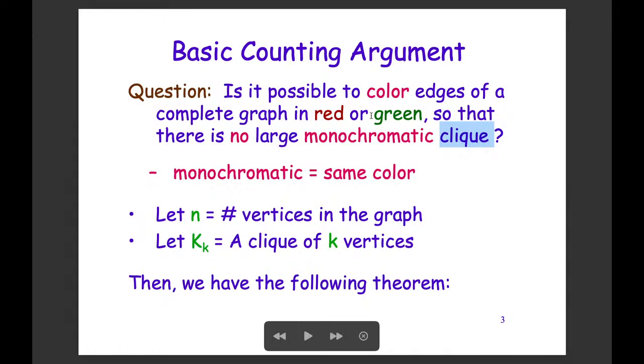So can we color the edges of a complete graph with 6 vertices in red or green, where red represents enemies and green represents friends, so that we do not see any monochromatic triangle?